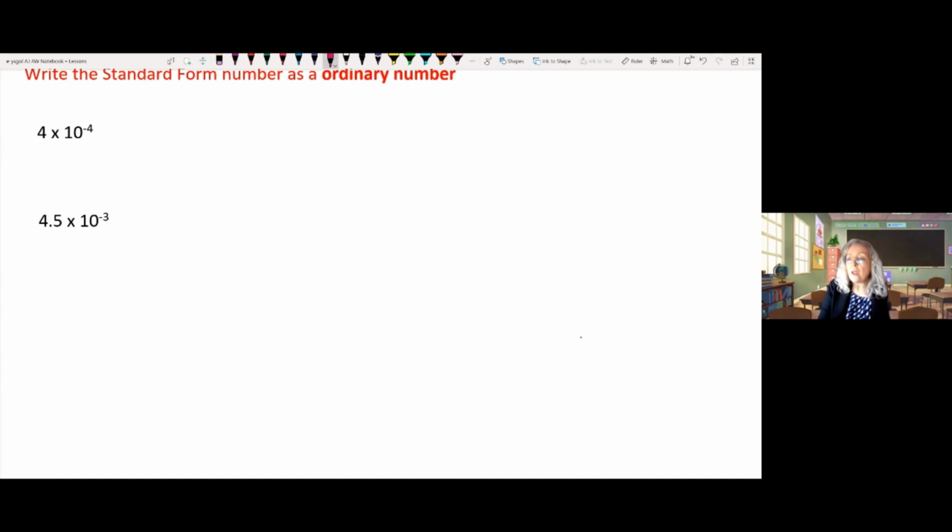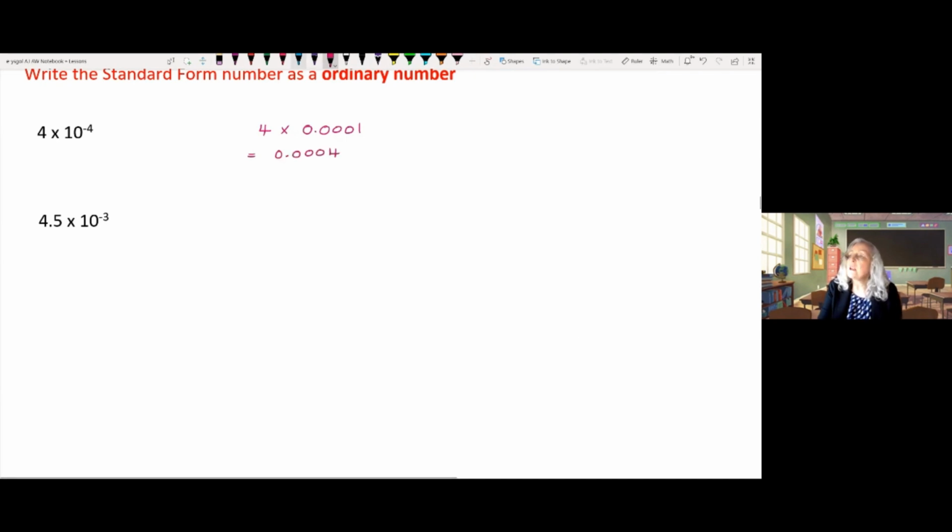Well, one way is multiplying my 4 by, okay, so here we think to ourselves, what would this be? That would be 1, 2, 3, 4. It would be 4 multiplied by 0.0001.